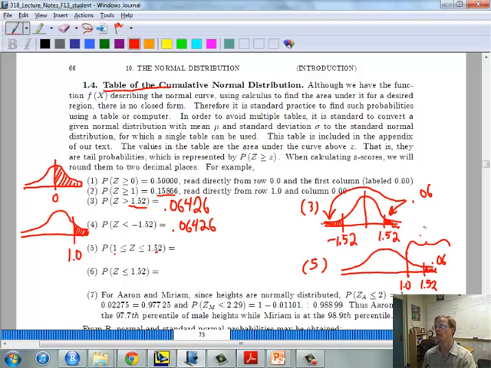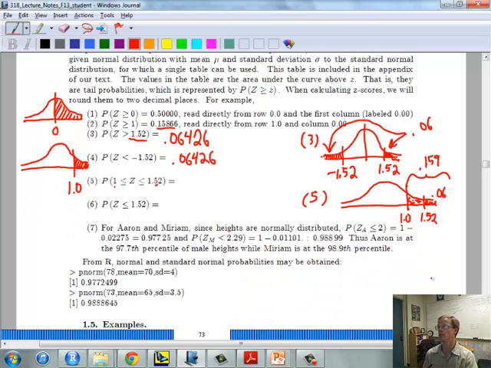The 1 was 0.159. Okay, so this dotted region will be the difference, and you can draw two separate curves and diagram it if you like.